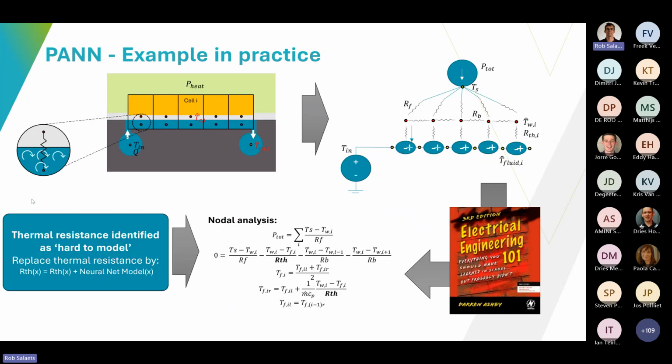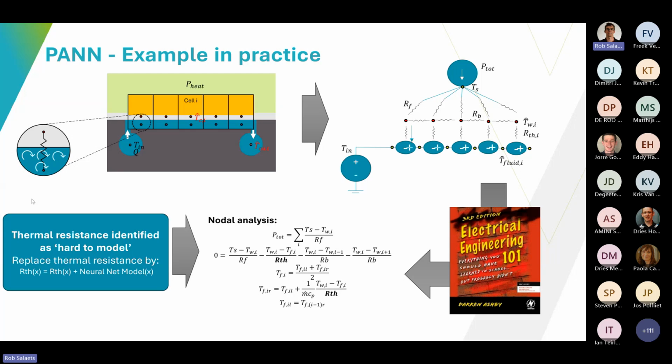So what we do is we have these 5 points along the channel where we want to estimate the temperature. And you might know that for thermal systems, it's often a good idea to approximate them by an electrical analogy, so call it then thermal resistances.